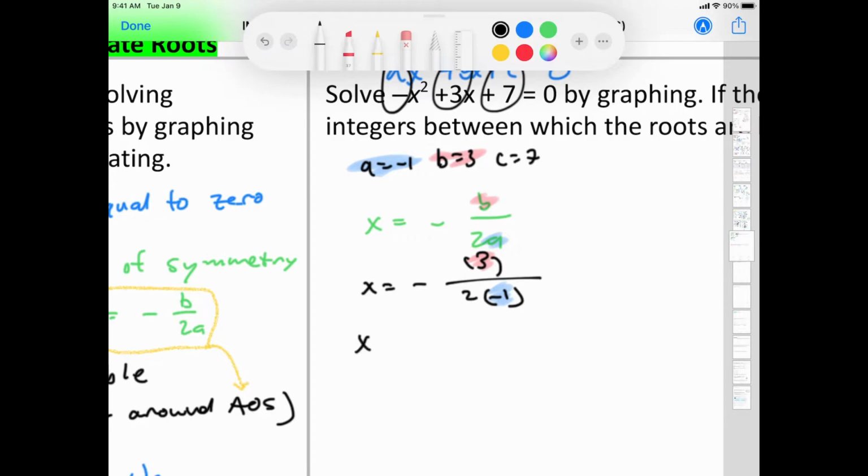So this will become x equals 3 divided by negative 2, opposite of that, which becomes positive 3/2. Now, to give you some number sense, if you put that in your calculator, 3 divided by 2 is 1.5. Box that, that is our answer here. This is our axis of symmetry.